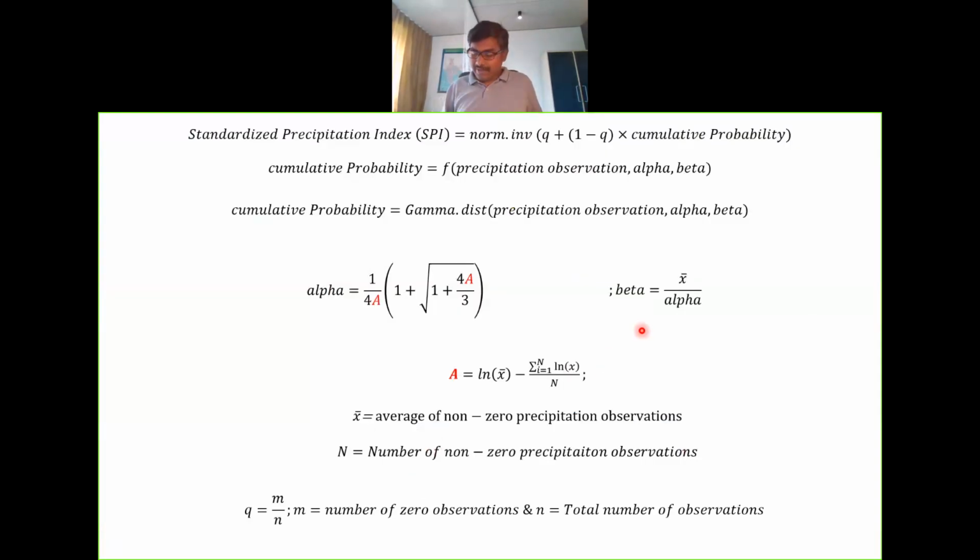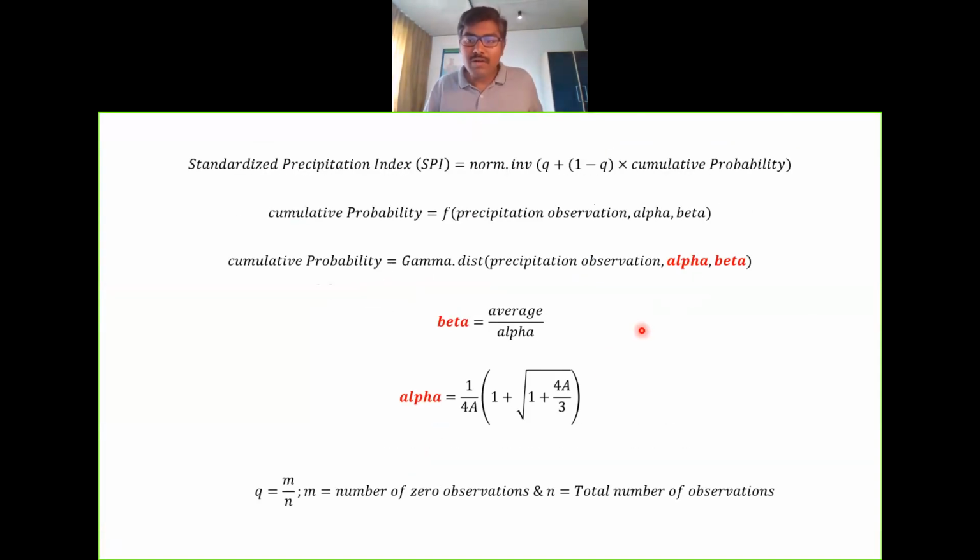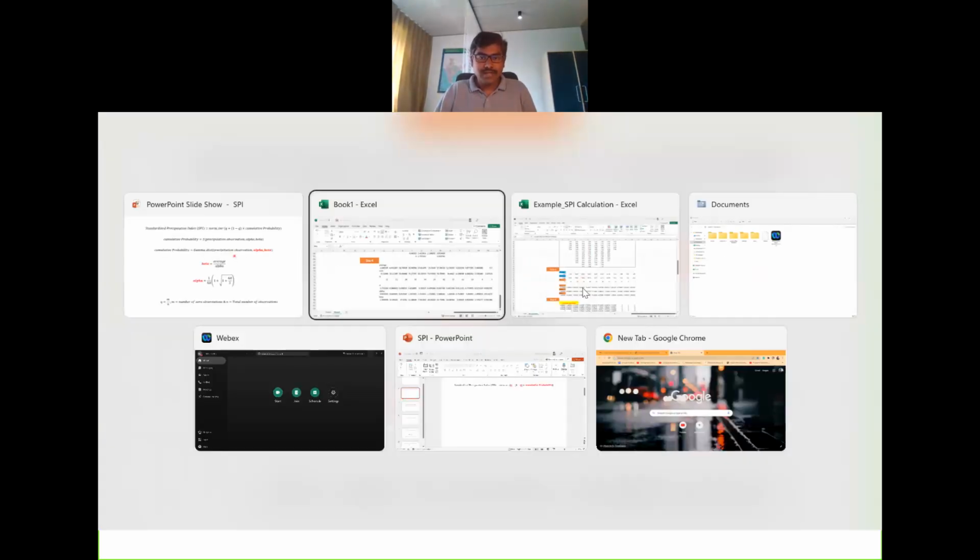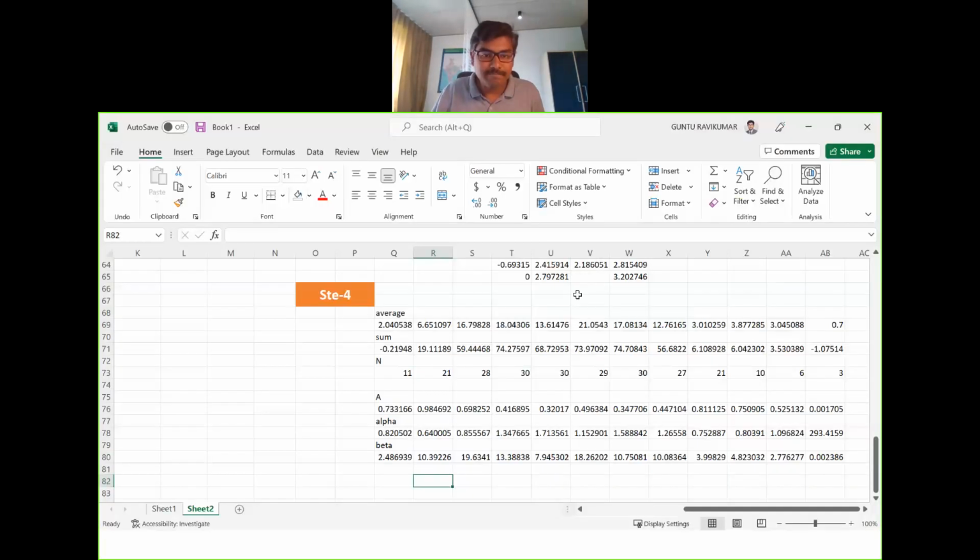So now we know the alpha and beta. Now we need to calculate cumulative probability. The cumulative probability uses the gamma distribution, with the observation, comma, alpha, comma, beta.